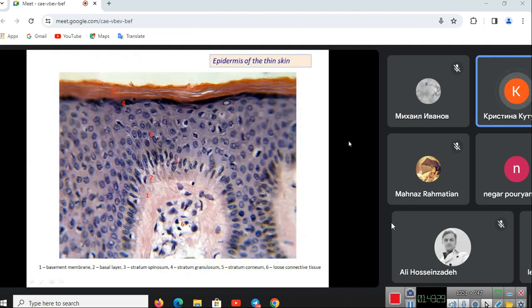So in thin skin, what we have? We have stratum basal, number 2, located upon basement membrane, number 1. Below it we have loose connective tissue, number 6. After stratum basal we have stratum spinosum, number 3, thin stratum granulosum, basophilic, number 4, and stratum corneum, number 5.